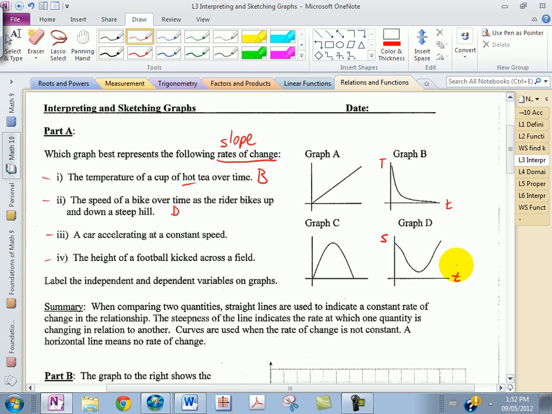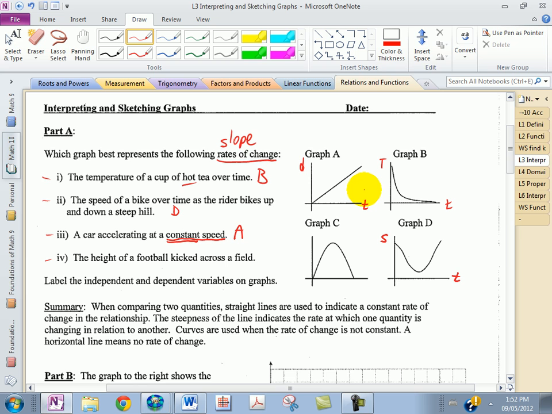Next one, a car accelerating at a constant speed, underlying constant. So what we're going to see there is a steady increase. That's got to be A. Okay, so it's a steady increase. So this would be distance over time, and you're going to be going the same, just increasing at the same speed, constant.